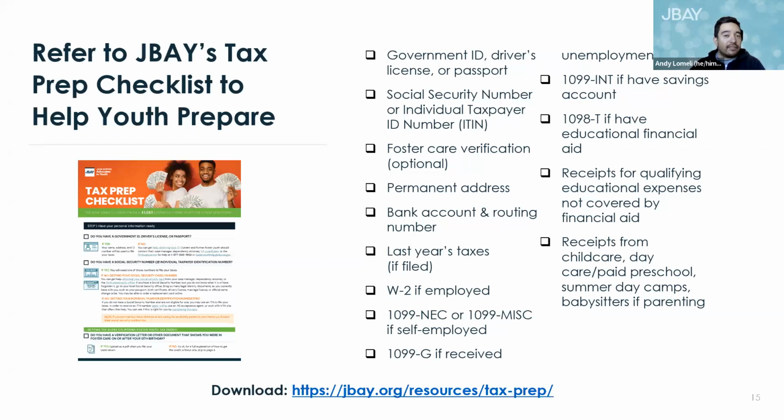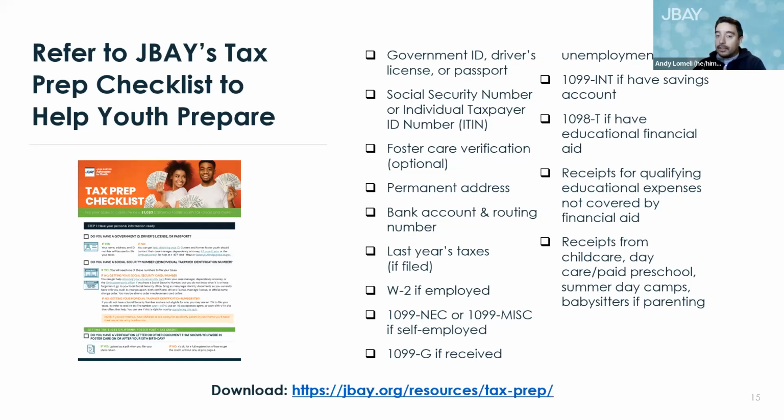That's something we saw quite a bit in the past year. They just didn't get the W-2. It got lost in the mail, things like that. They really do need to be able to take the step to reach out to the employer to make sure they get the W-2. In a lot of cases, those are available online as well if they have some sort of virtual account through the employment software that the employer is using.